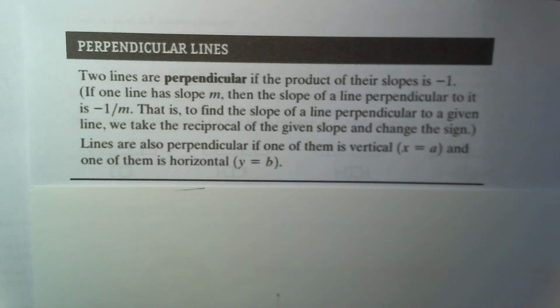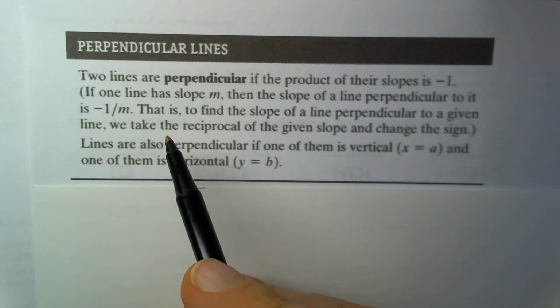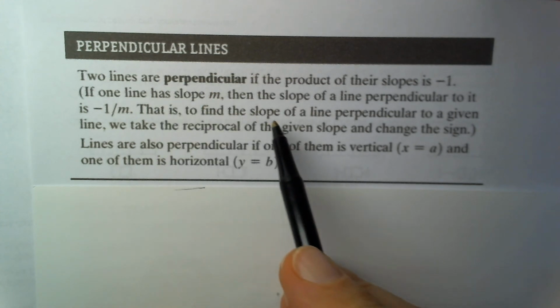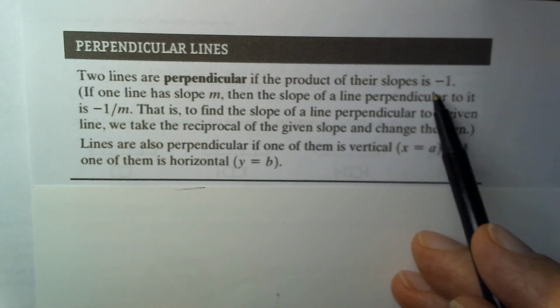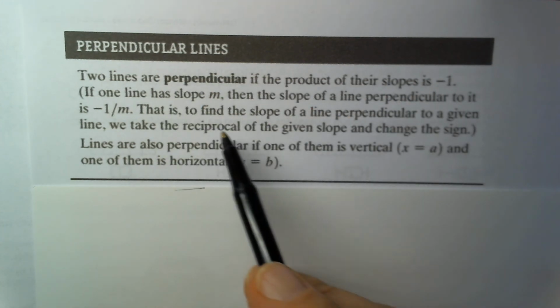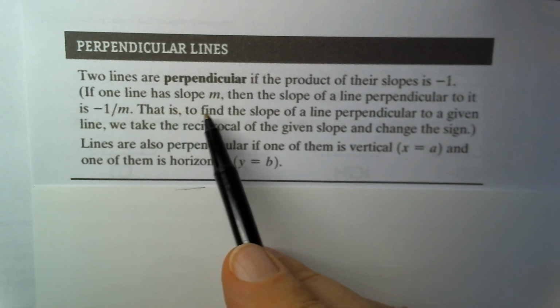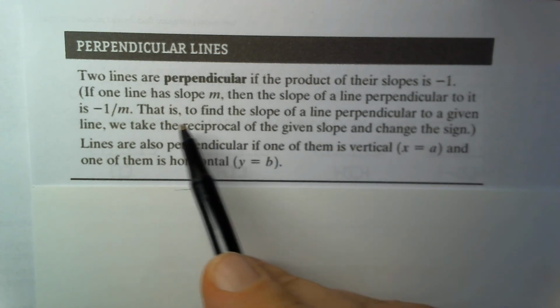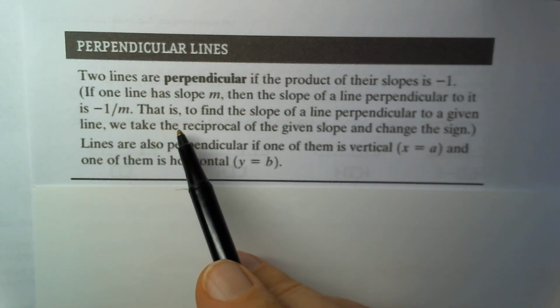We're closing section 2.5 with looking at perpendicular lines. So here's the definition. Two lines are perpendicular if the product of their slopes is -1. In other words, if one line has slope m, then the slope of the line perpendicular to that line is -1 divided by m.